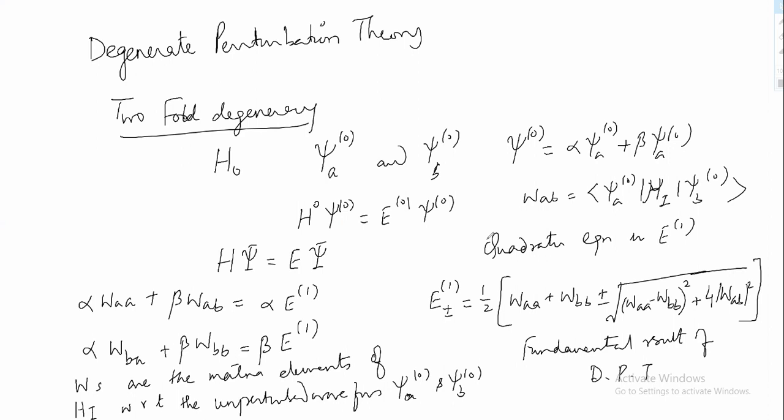Now we took the different possible cases. One was when alpha equal to 1 and beta equal to 0, and other was alpha equal to 0 and beta equal to 1. From here we know that mod alpha square plus mod beta square should be equal to 1. If alpha is 0, then for sure beta should be 1, or if beta is 0, then alpha must be equal to 1.